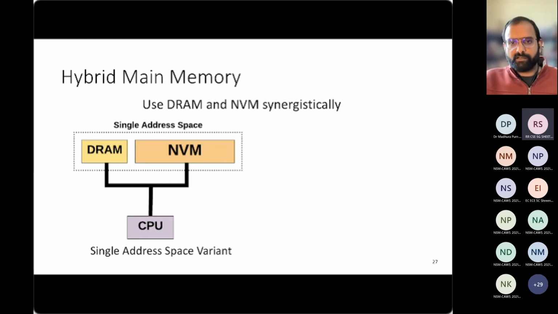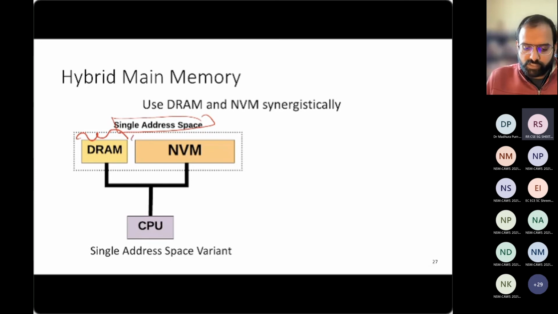So the two main design points that have been propagated by most research done in these areas begin with what is known as a single address space variant, in which you have a large physical address space that is split between a low latency variant, for example in this case DRAM, and a high latency but also high capacity variant, which is some sort of non-volatile memory.